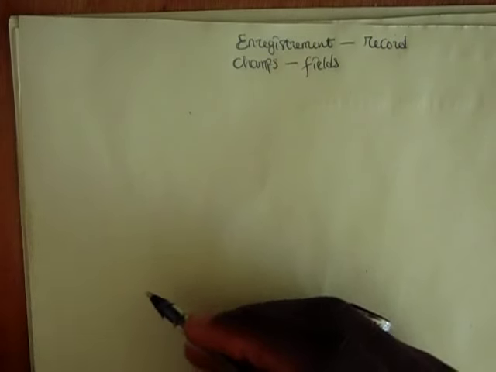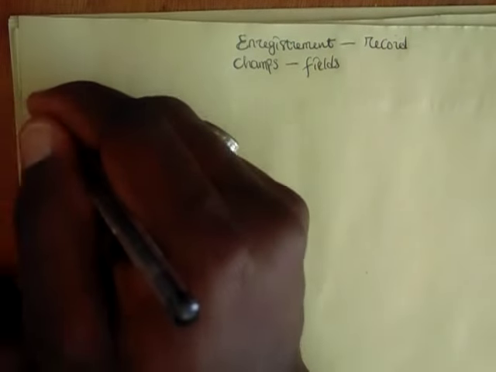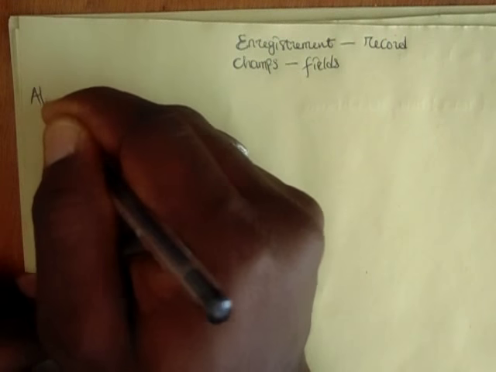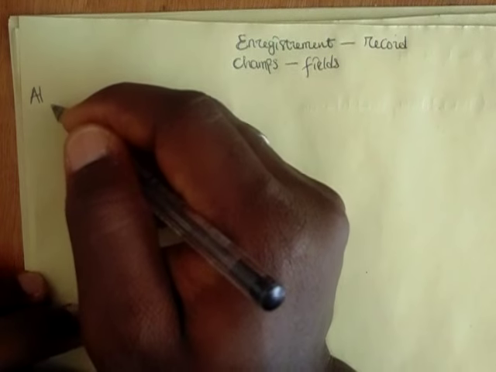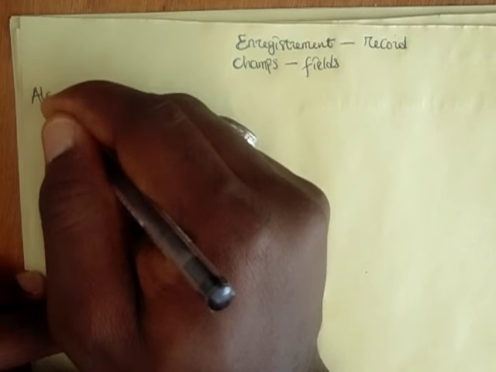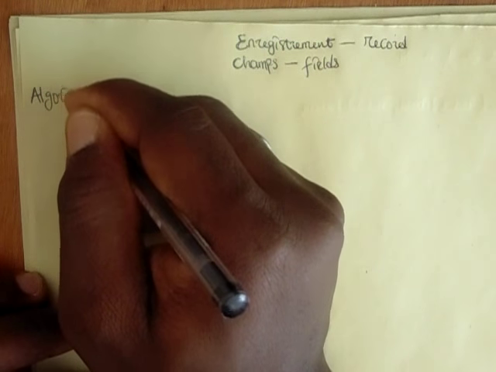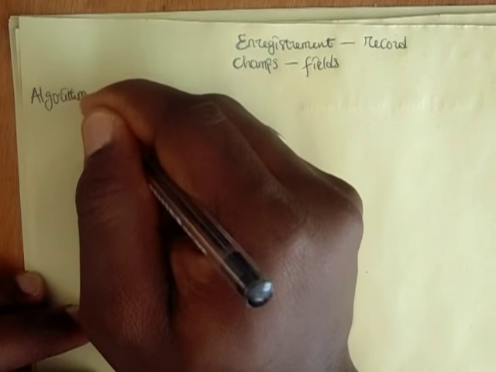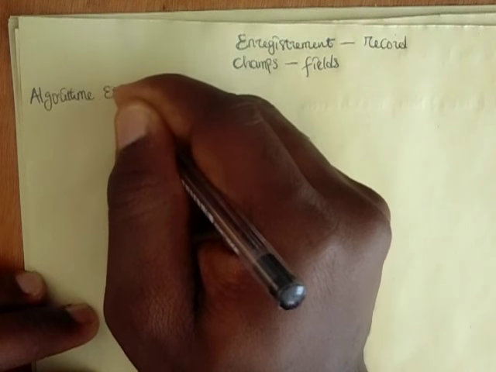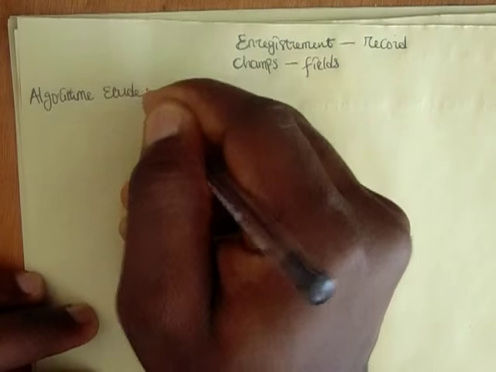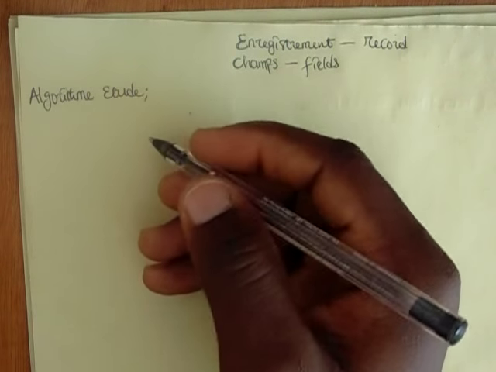So first off, we start with the name of the algorithm. We'll call this algorithm étude. We must always start with the name of the algorithm and a semicolon to end it.